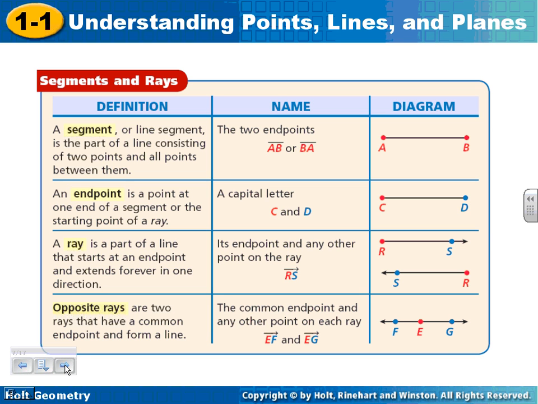Another big chart here. A segment, or a line segment, is the part of a line consisting of 2 points and all the points between them. We name them like this. If we put a picture of a line segment in our yearbook, off to the side would be the name.